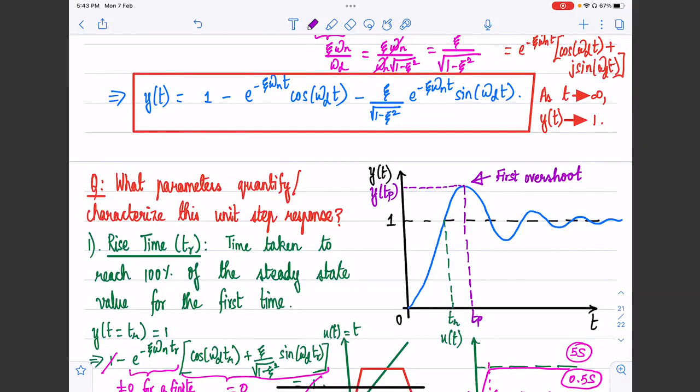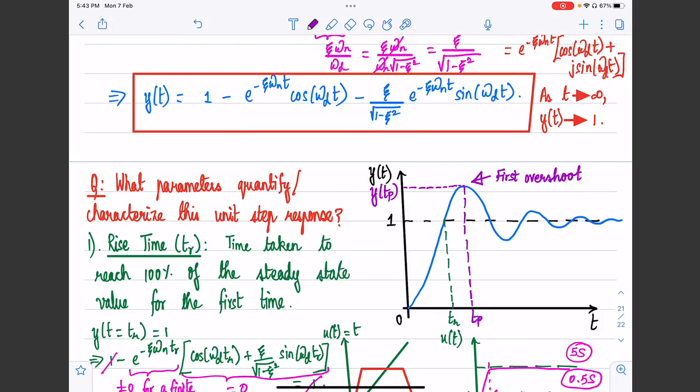So I'm sure from basic mathematics, if you want to find the maxima or minima of a function, what do we do? The derivative will be 0 here. We need to solve for derivative equals 0, right? And then we also need to take the second derivative to figure out where it becomes negative.